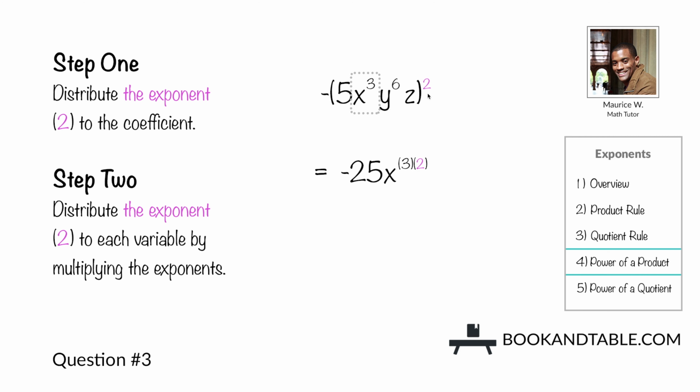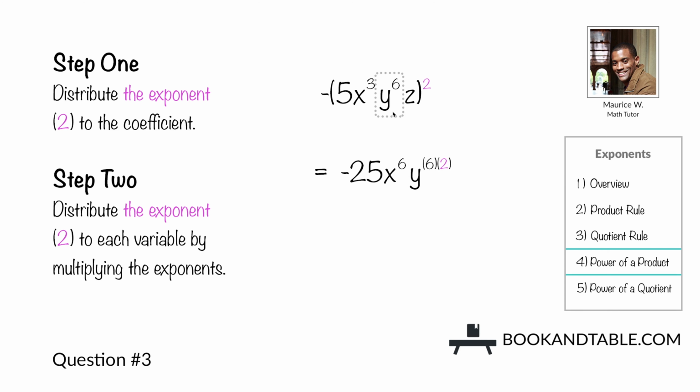So now we can do step 2, distribute the exponent 2 to each variable, x, y, and z, by multiplying the exponents. So x to a power of 3 to a power of 2 is equal to x to a power of 3 times 2, which is x to a power of 6.